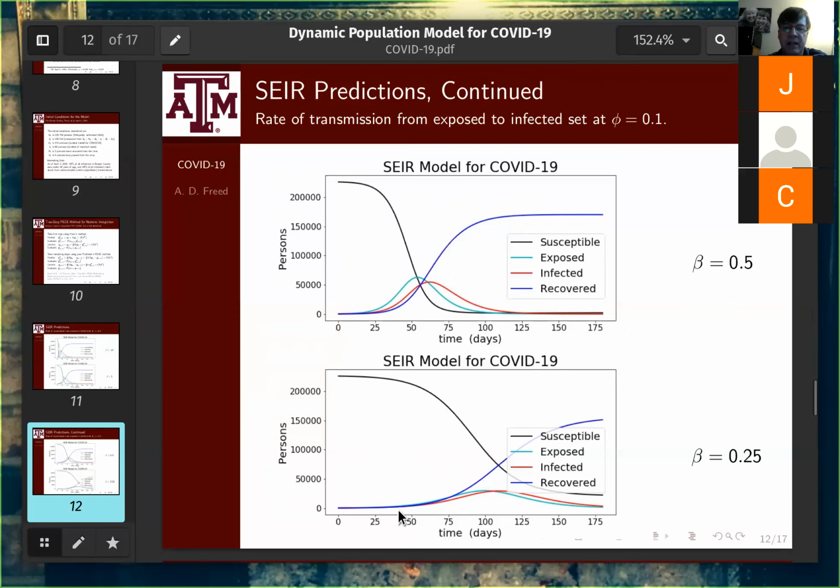These get to be a lot fatter distributions, but a lot lower in number. So everything is moving to the right as beta gets smaller and smaller.